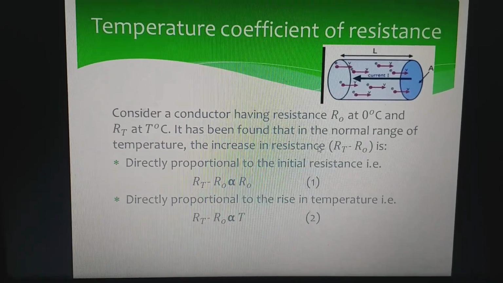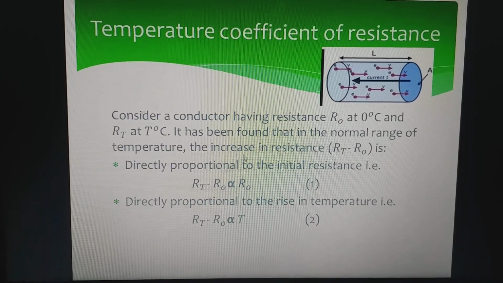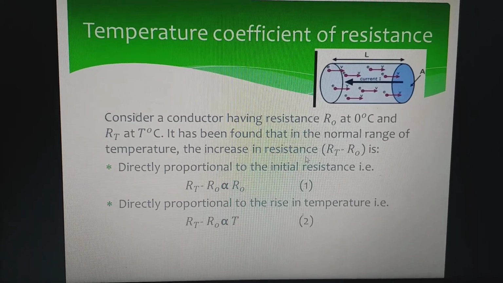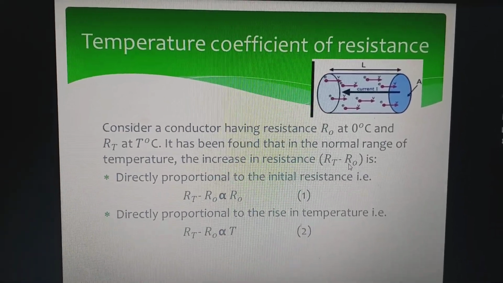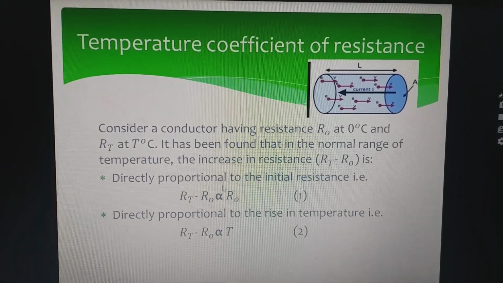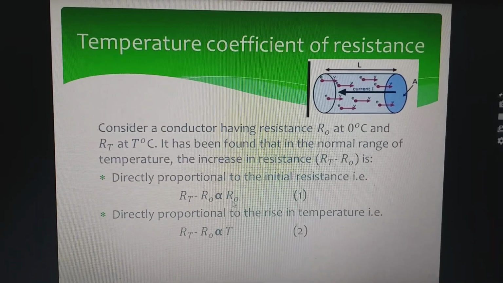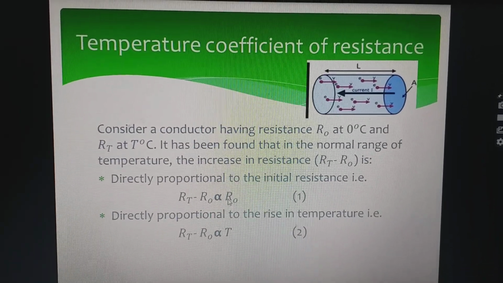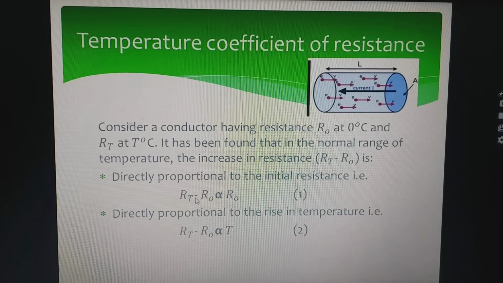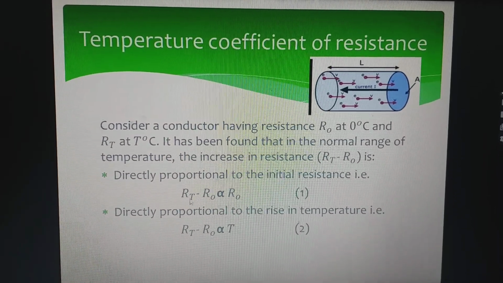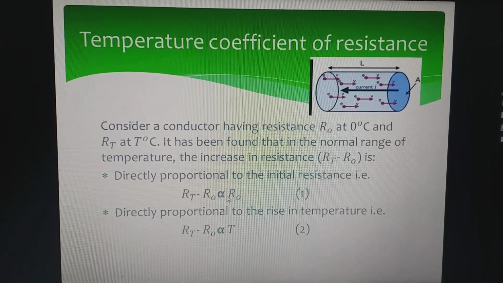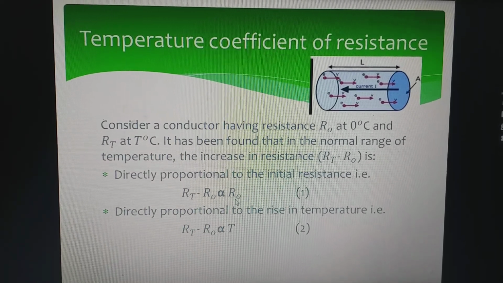It has been found that in the normal range of temperature, the increase in resistance, that is RT minus R naught, is directly proportional to initial resistance. RT minus R naught, it means change in resistance, is directly proportional to R naught. What does it mean?